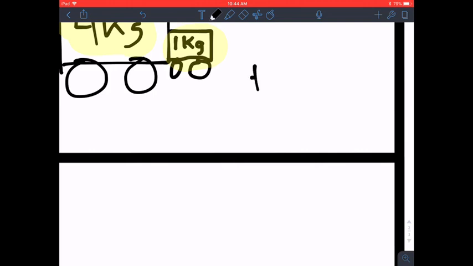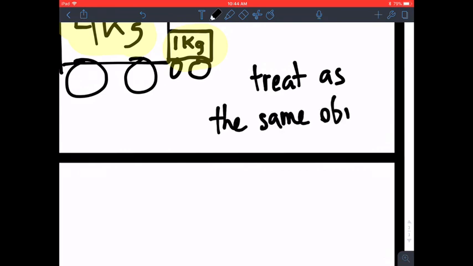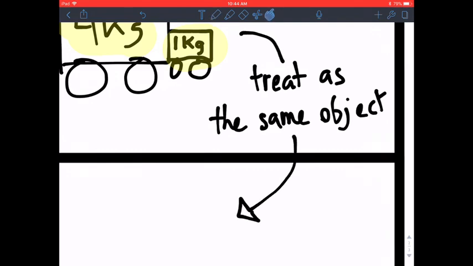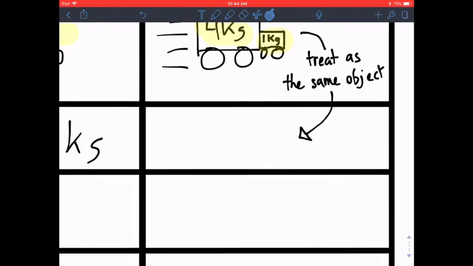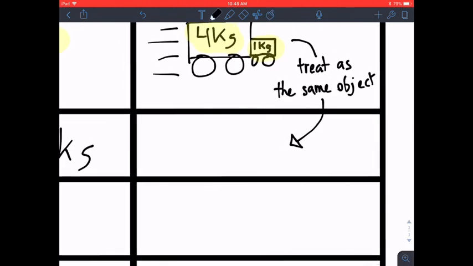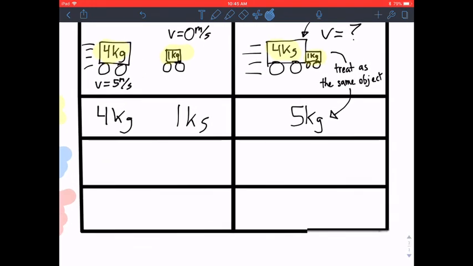We're going to treat them as the same object. So we're going to see that this is not 4 kilograms and 1 kilogram. It's just one 5 kilogram object. So much easier that way.